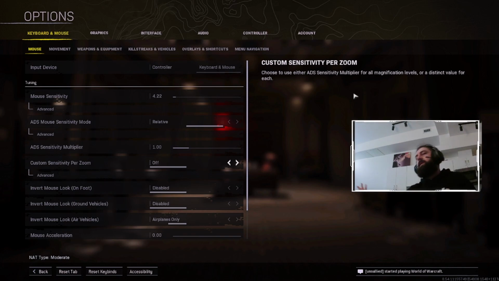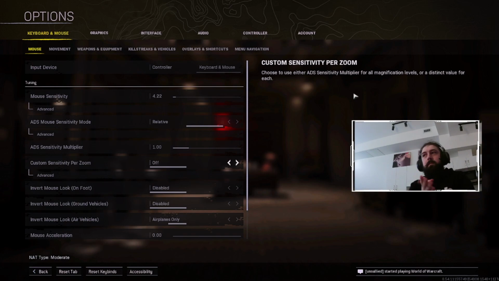Or 1600 by 2 would be 3200 actual sensitivity, and then if you had a DPI of 400 but your in-game sensitivity was 8, you would have a 3200 actual DPI. So your mouse sensitivity would be the exact same.